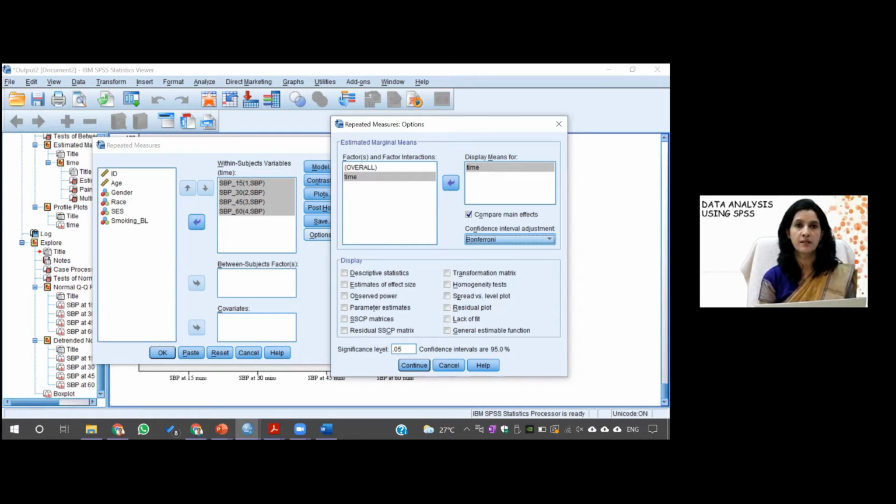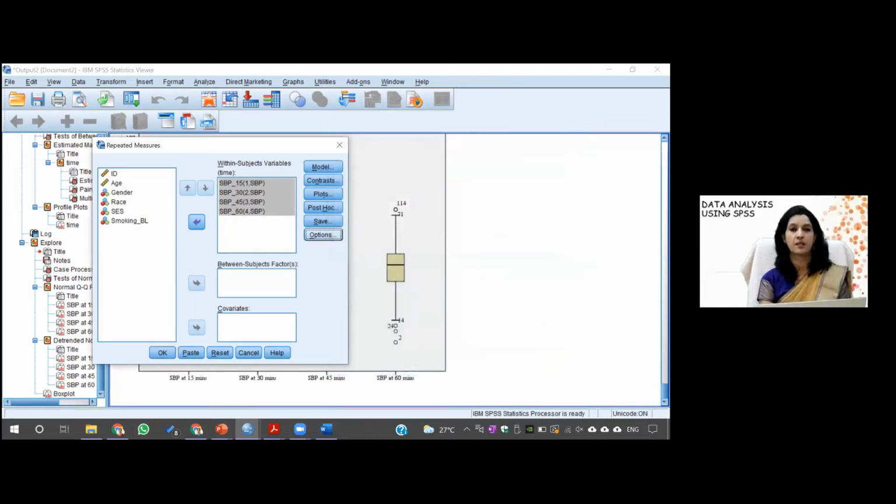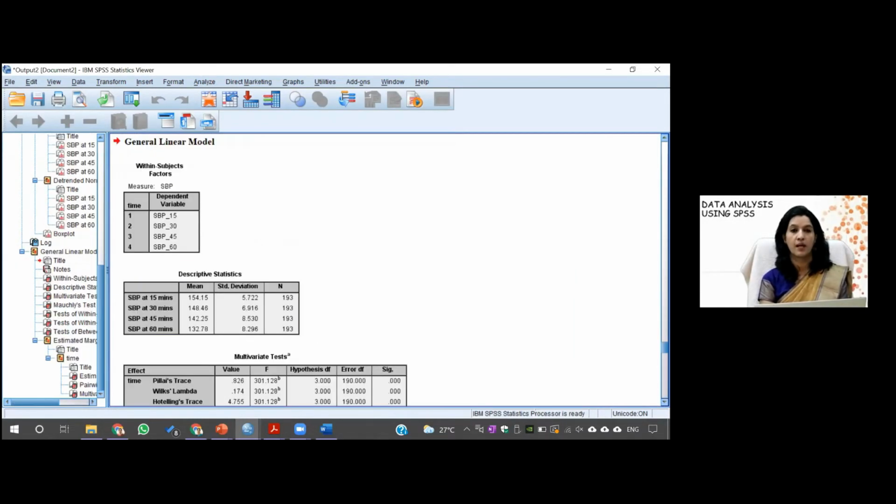But in this case, across the different time points, we use the Bonferroni correction, and then click descriptive statistics, because I want the descriptive statistics for all my values at different time points. Then press OK. You don't have to press anything else, only this option. So you press OK, and then you will have this output.